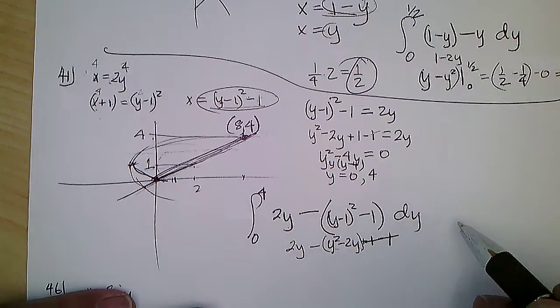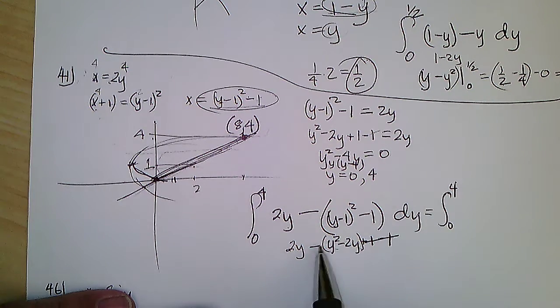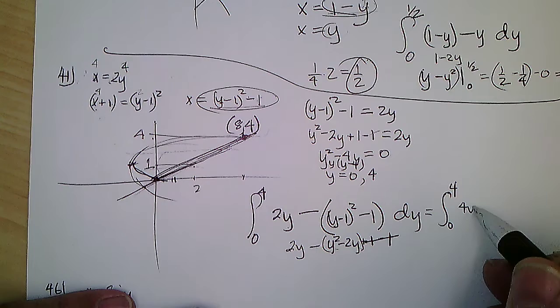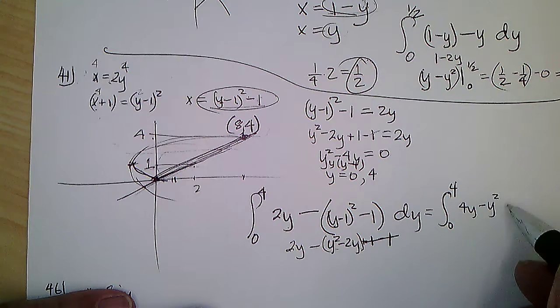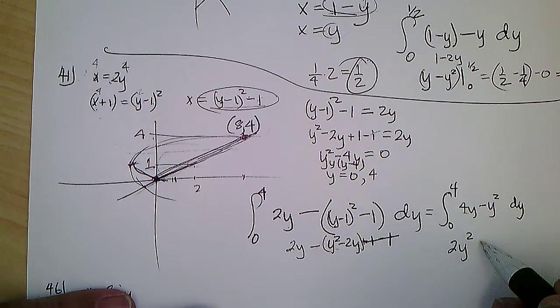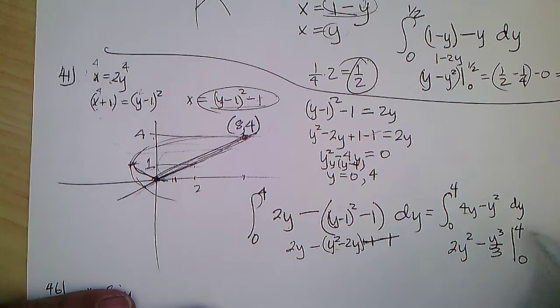So 2y minus a minus, so that's plus 2y, so that's 4y minus y squared dy. Integrating that, that would be 2y squared minus y to the third over 3 from 0 to 4.